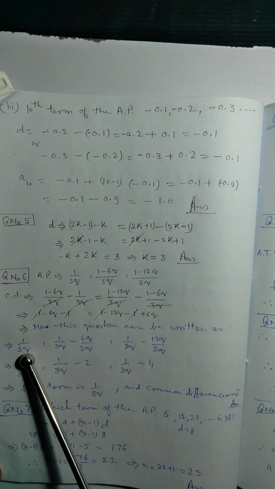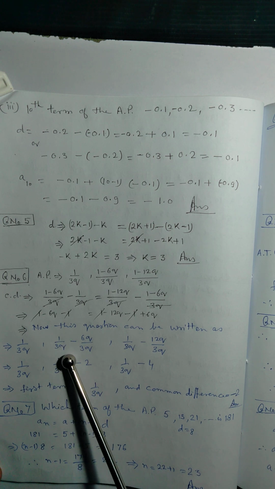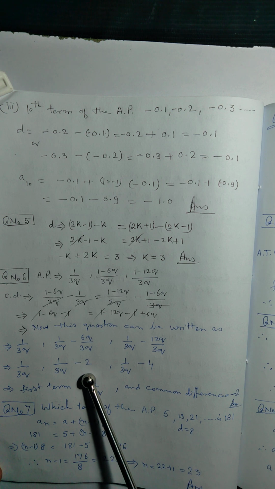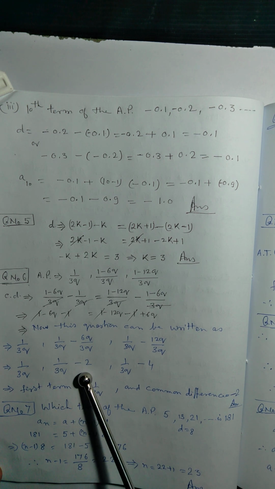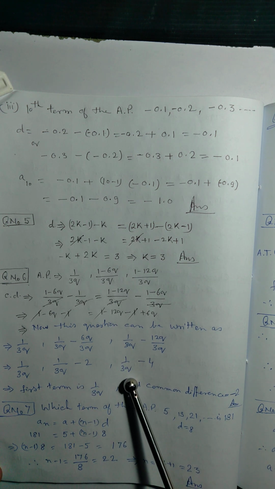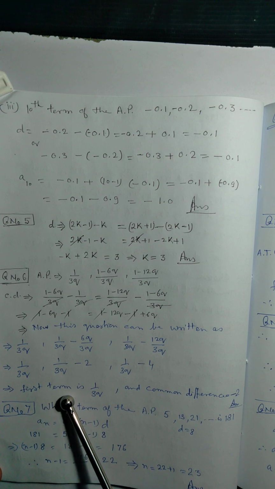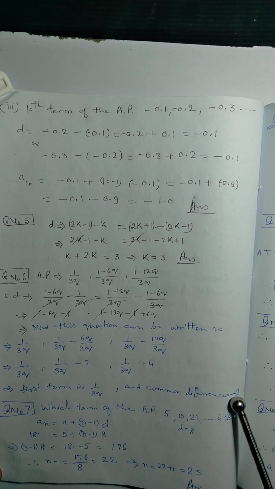So this is the first term, 1 by 3q. Solve it: 6q by 3q will be 2. So 1 by 3q is the first term, then 1 by 3q minus 2, then 1 by 3q minus 4. So the first term is 1 by 3q and the common difference is minus 2.